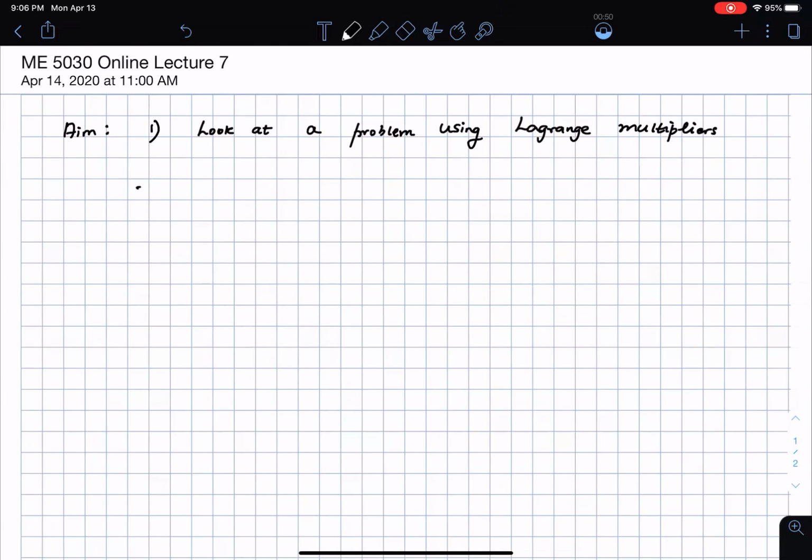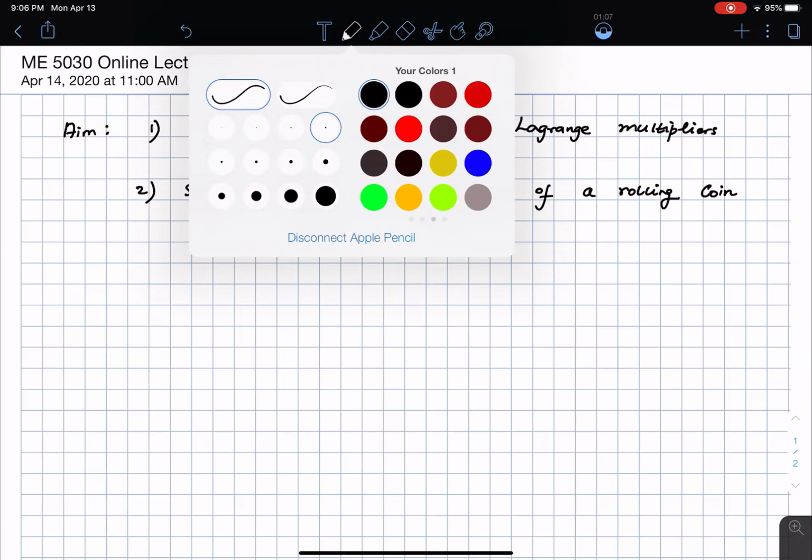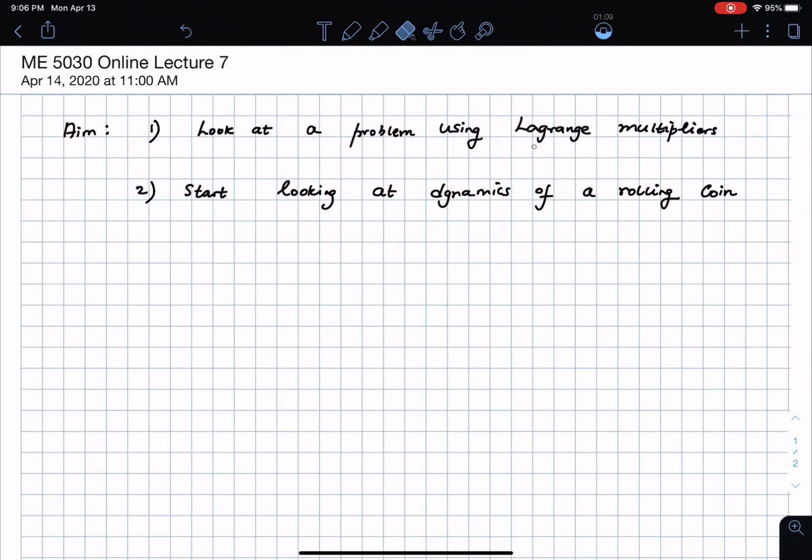And the second thing is we will start looking at the dynamics of a rolling coin. All right, so these are the two key things that we're going to be doing today: a problem using Lagrange multipliers, and then the dynamics of a rolling coin.